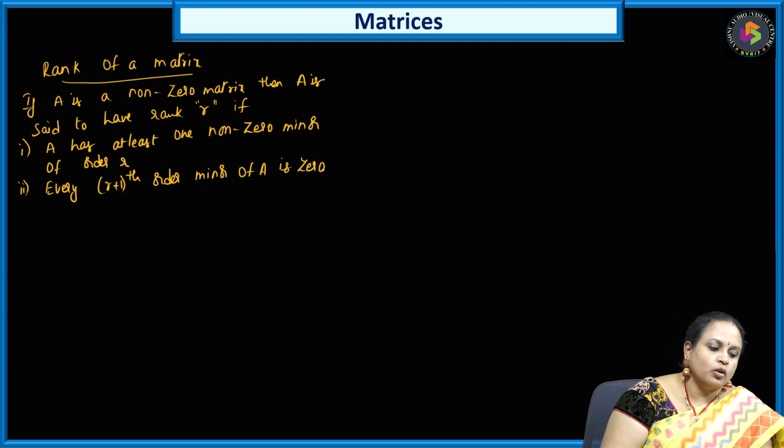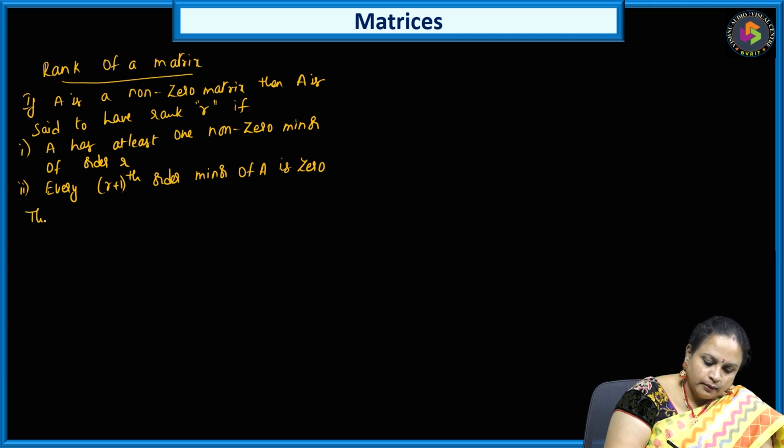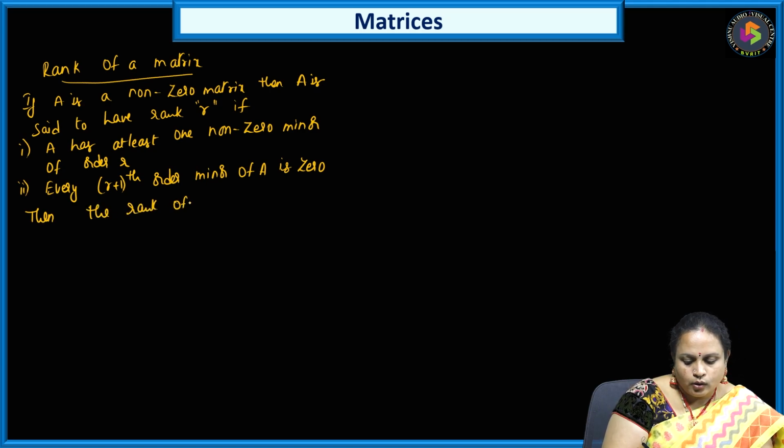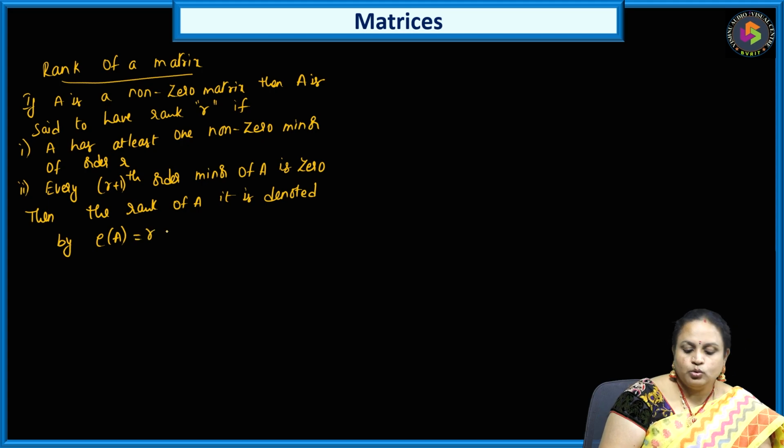Then the rank of A is denoted by rho of A, and that is equal to R.